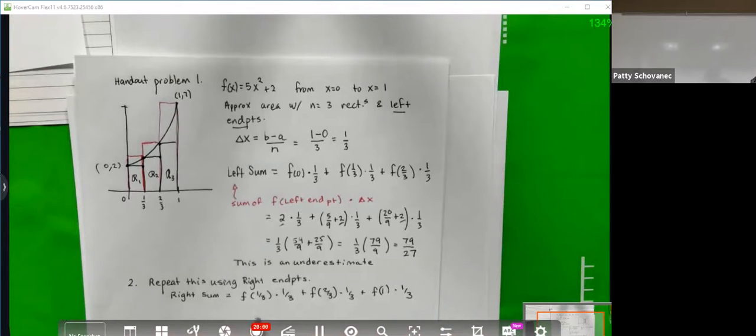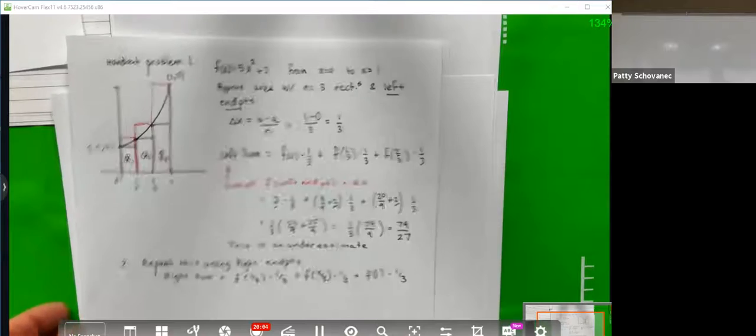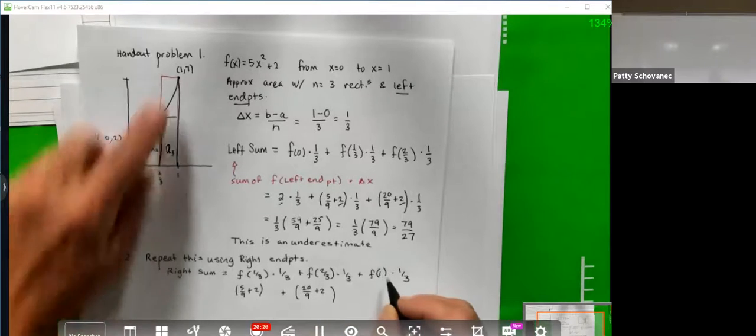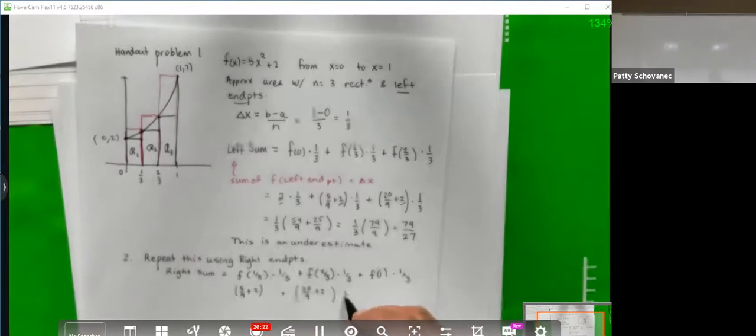And I've already calculated these numbers. I have them up here. f of 1/3 was 5/9 plus 2. f of 2/3 was 20/9 plus 2. I'm going to factor out the 1/3. And f of 1 was 7.